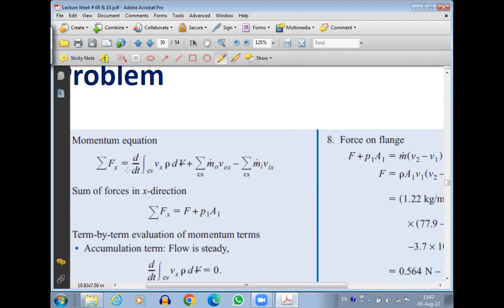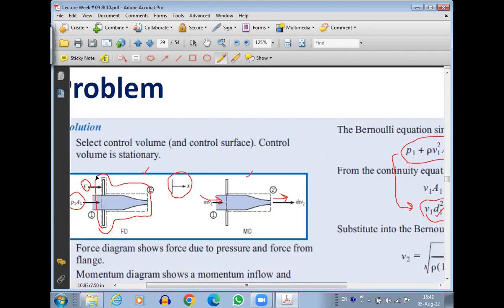So we have summation Fx equals d by dt integral of vx rho dV, that's the accumulation term, plus summation of m dot out vox minus summation of m dot in vix. Okay, so first of all, the accumulation term will not be there at all, so we are going to cancel the accumulation term. Let's talk about summation Fx. So we have two forces here, F and P1A1.